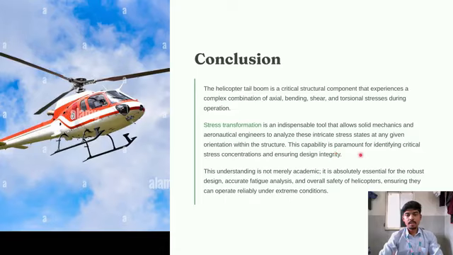This capability is paramount for identifying critical stress concentrations and ensuring design integrity. This understanding is not merely academic; it is absolutely essential for robust design, accurate fatigue analysis, and overall safety of helicopters, ensuring they can be operated reliably under any extreme conditions.